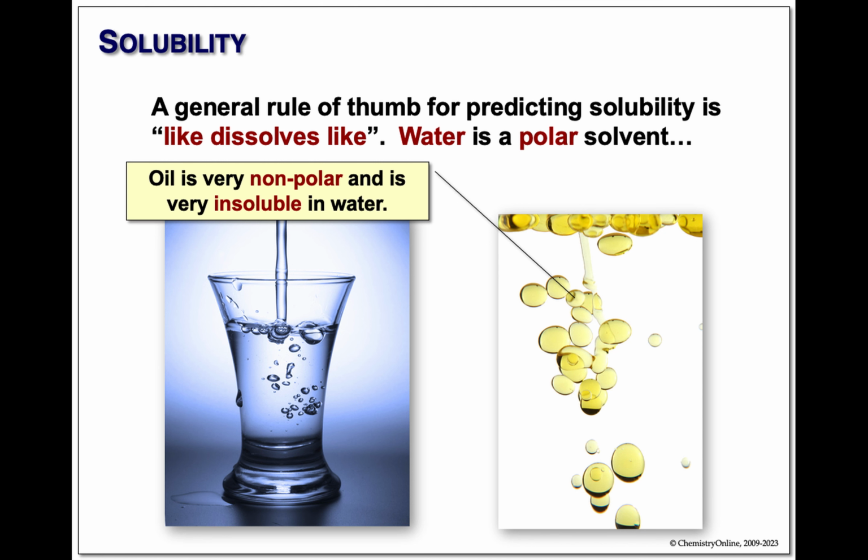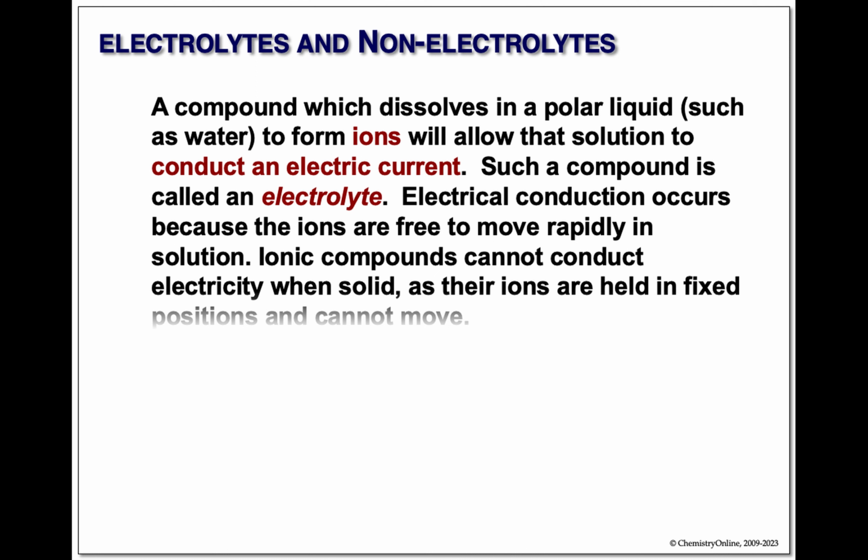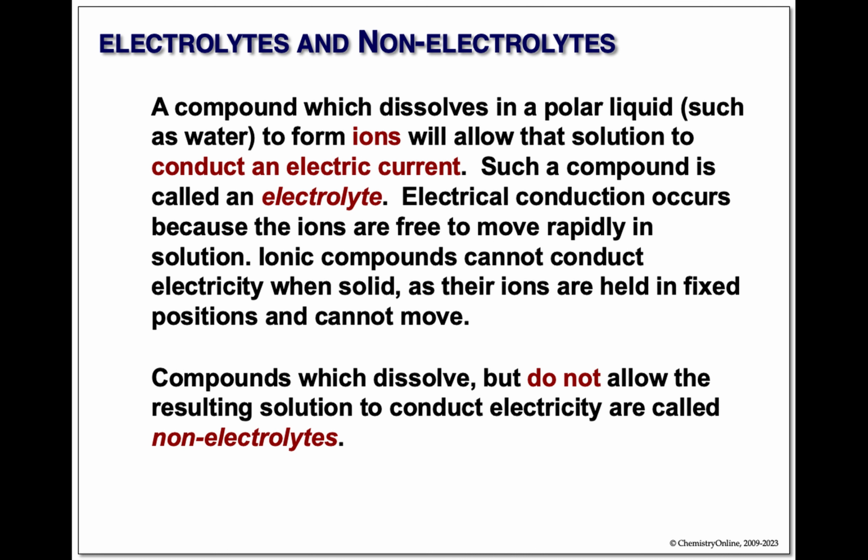All right, electrolytes and non-electrolytes. You may be aware that you're not supposed to go in a bathtub with a hairdryer, right? It's a bad idea because you'll get shocked, right? Well, the reason that you can get shocked by a hairdryer in the bathtub is that the water will contain ions.